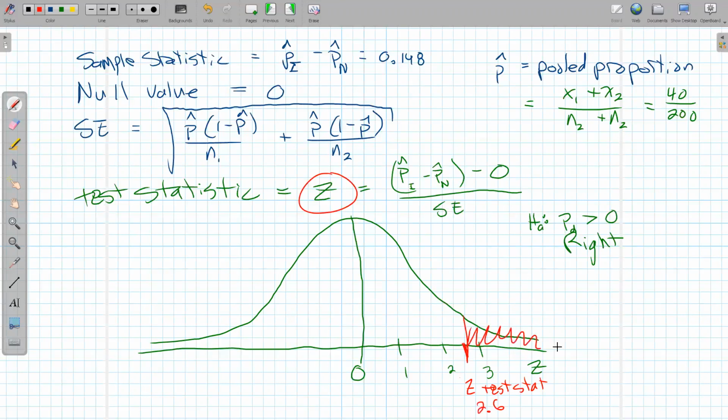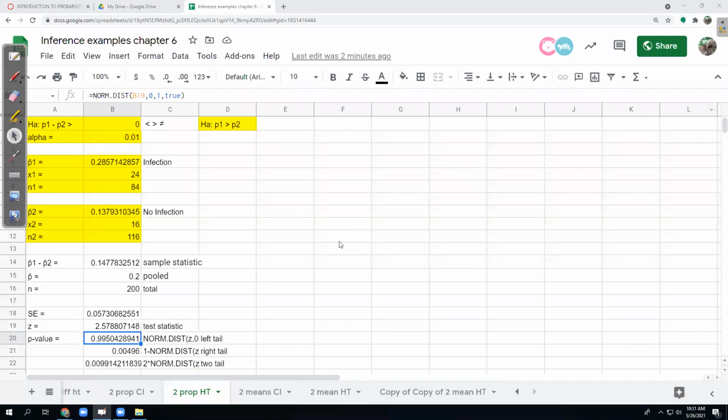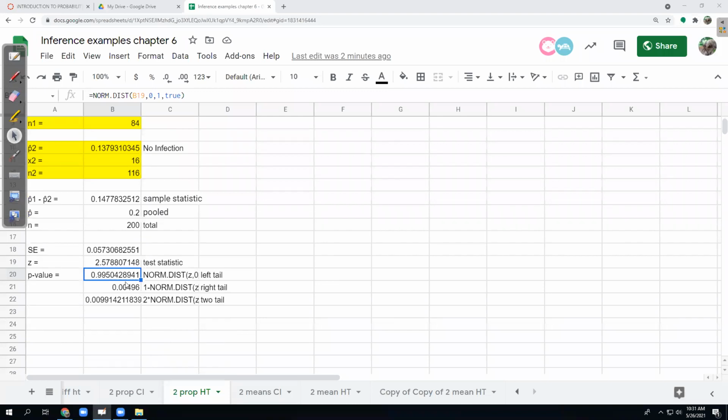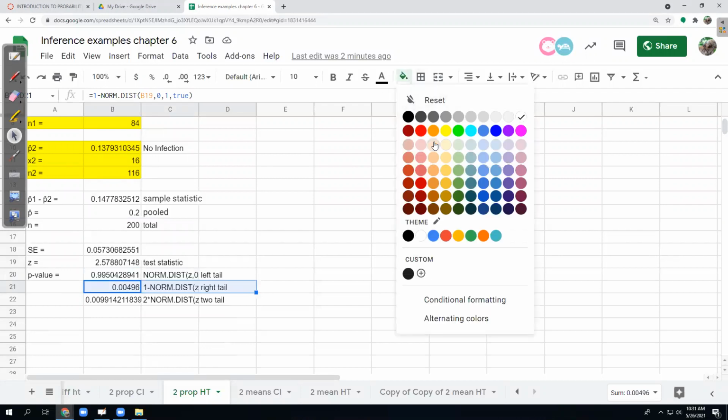And so the p-value is whatever is out here in this tail. So now I've got to get a calculator like StatKey or the spreadsheet to do that, and I'll do both here for fun. In the spreadsheet, I already have the 3 different versions of the formula. Straight norm dist does a left tail, 1 minus the norm dist does a right tail, and then we double one of the above to do a 2 tail. I'm doing a right tail here, so I'm going to highlight that as my final calculation.